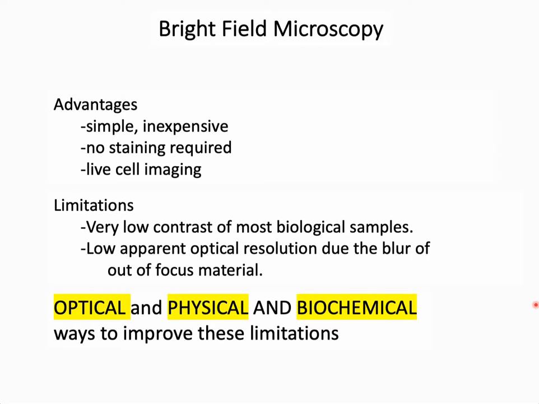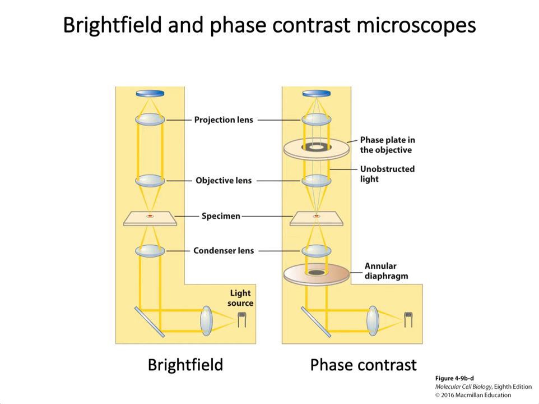Another problem with light microscopy is that you are collecting light from the plane of focus and also spurious light from outside the plane of focus, which blurs the image and makes the resolution worse. But there are some optical, physical, and biochemical ways to minimize these limitations. Let's look at some of the optical methods to improve light microscopy.